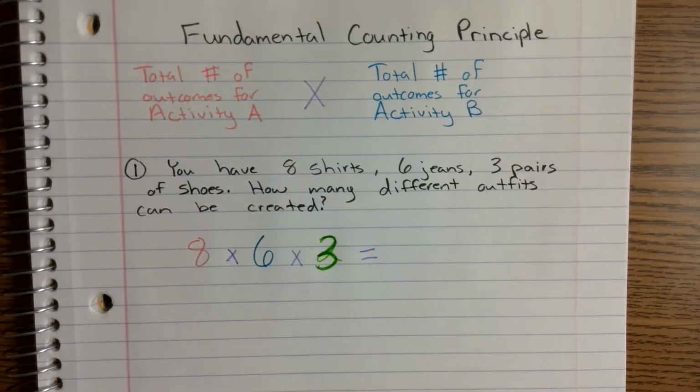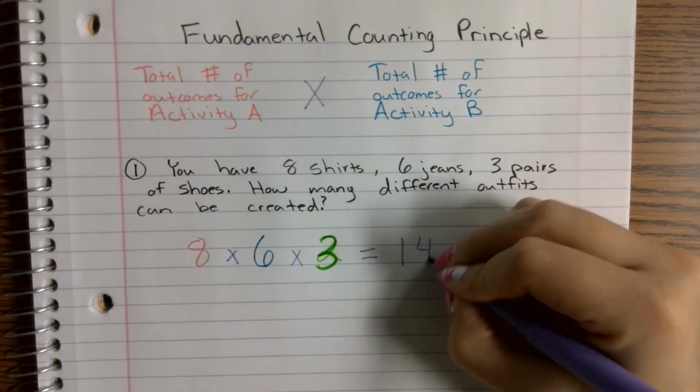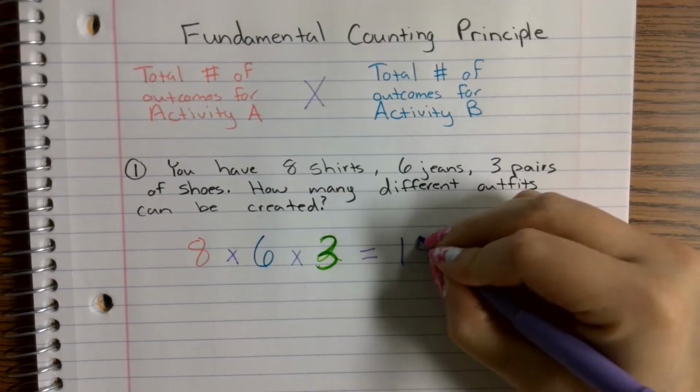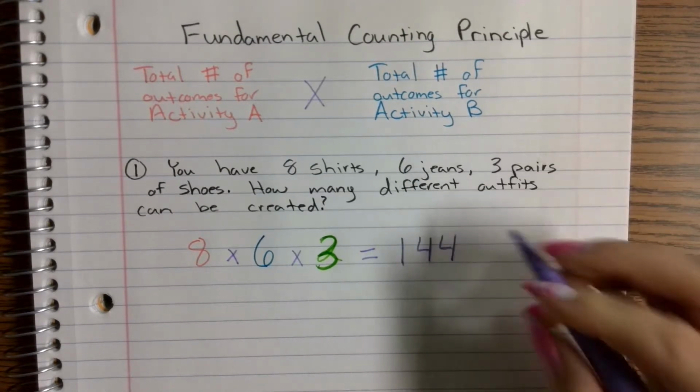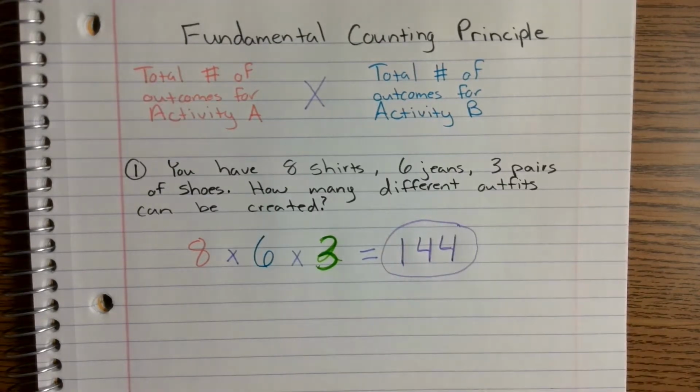So what do we get when we multiply 8 times 6 times 3? 144. So you have 144 total different outcomes that exist.